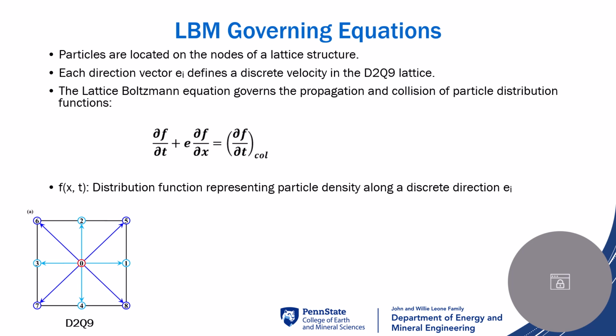These directions are defined by velocity vectors commonly denoted e_i. For instance, in the D2Q9 model, there are 9 such vectors, each representing a distinct path a particle can follow. The heart of the method lies in the Lattice-Boltzmann equation, which governs how particle distribution functions evolve over time.